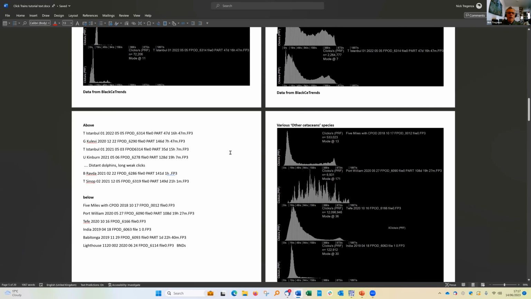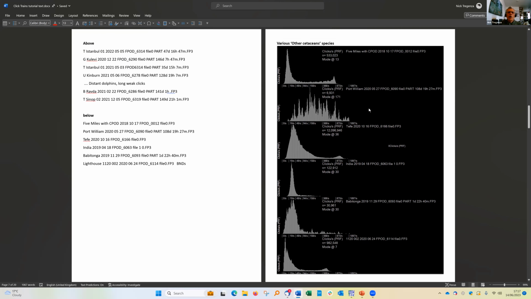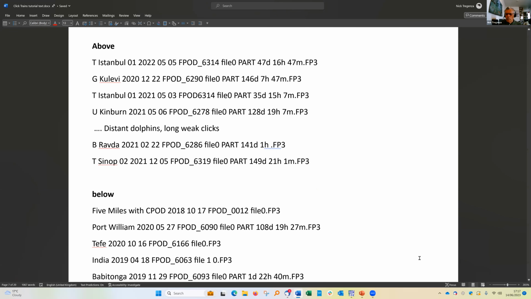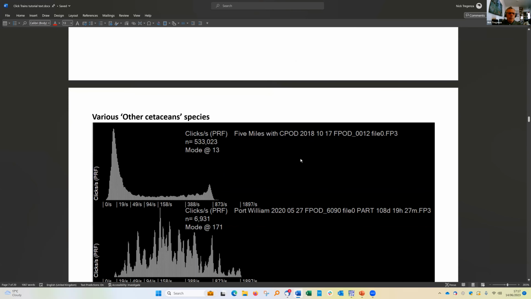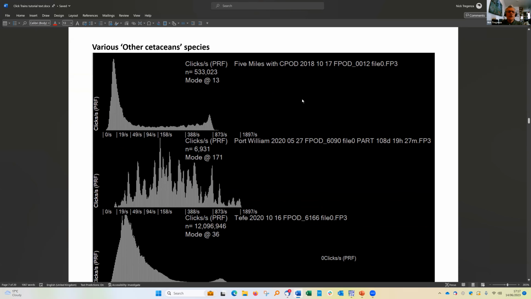Okay, so here on the right, I've got some other cetacean species. So these are common dolphins, actually a few miles from where I am in the southwest of Britain. They've got quite a peak there.